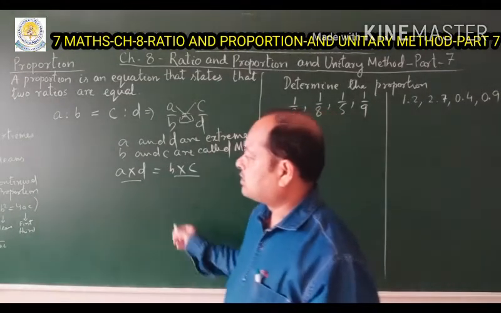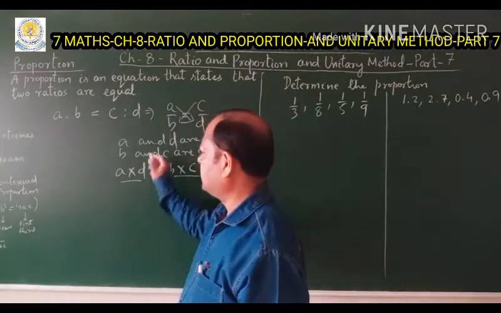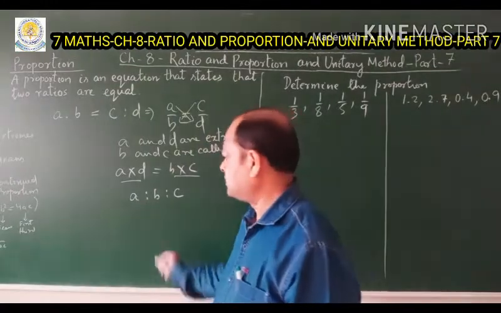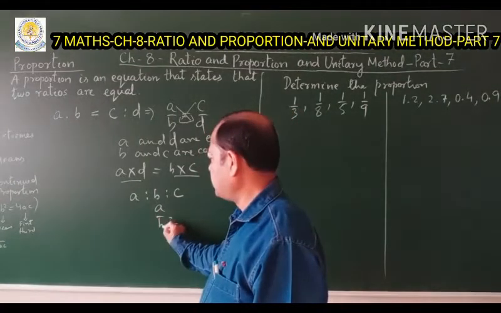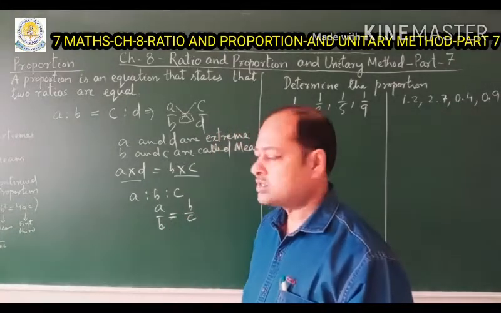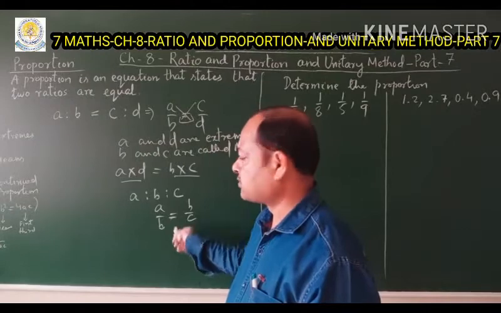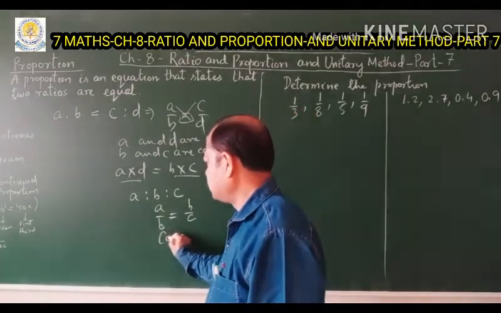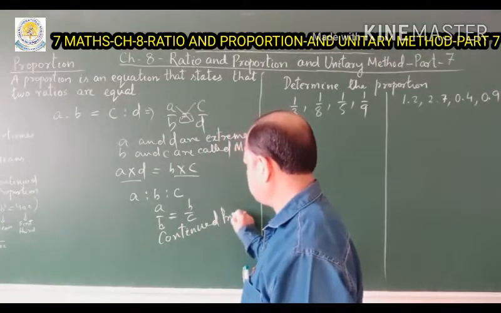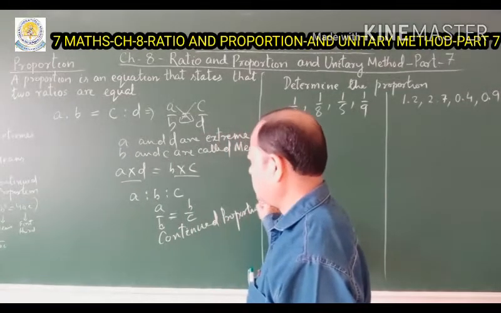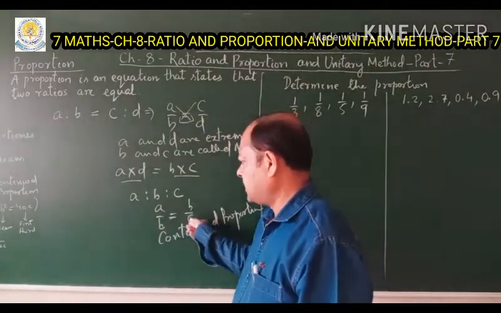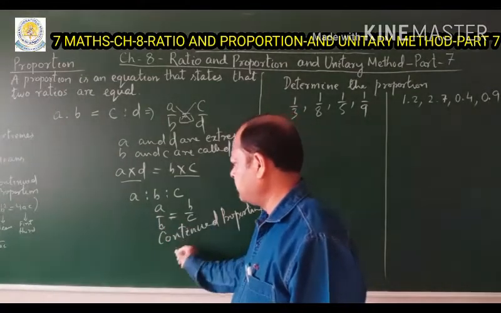And what is continued proportion? If A is to B is to C, that means A by B equals B by C. Here B is used in both the ratios. This type of proportion is called continued proportion. If you cross multiply, A into C will come and B into B will be B square.